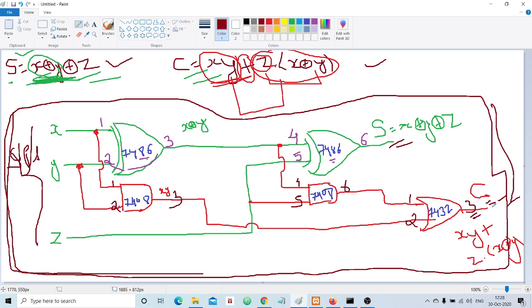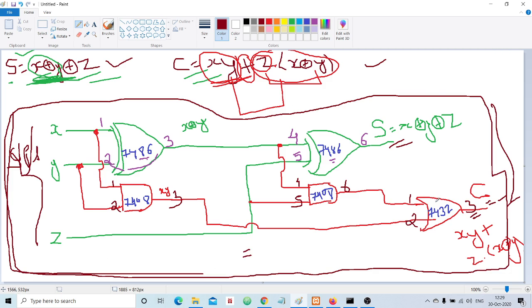Previously we looked at this complete circuit as a big black box. Have you remembered? We wrote full adder in that box. Now we have replaced that black box with a circuit for the full adder using logic gates. Which logic gates have we used? XOR gate, AND gate and OR gate.